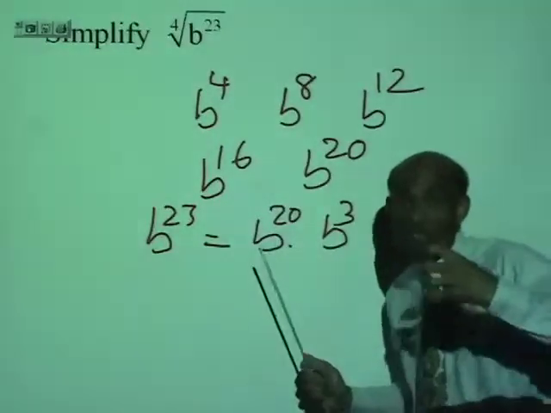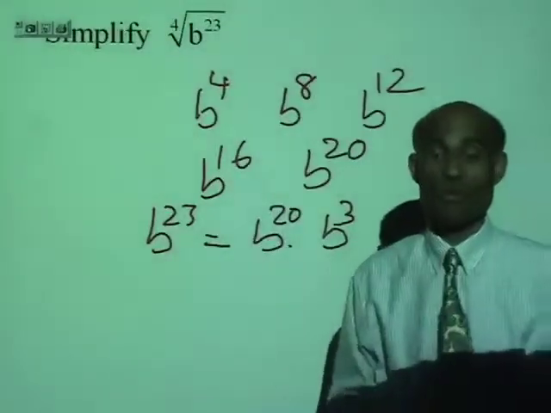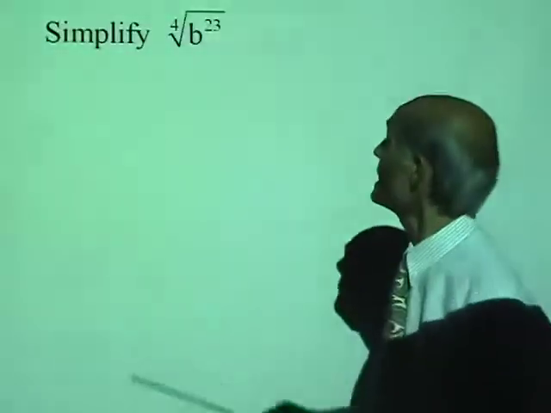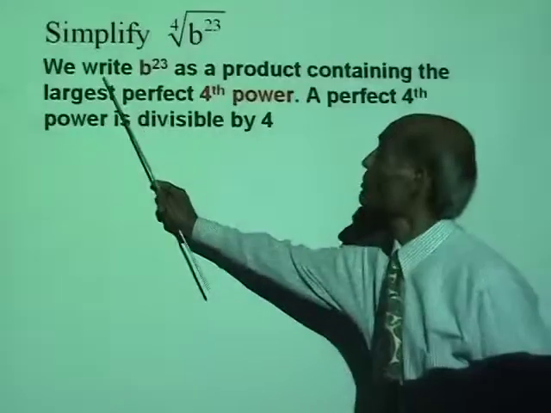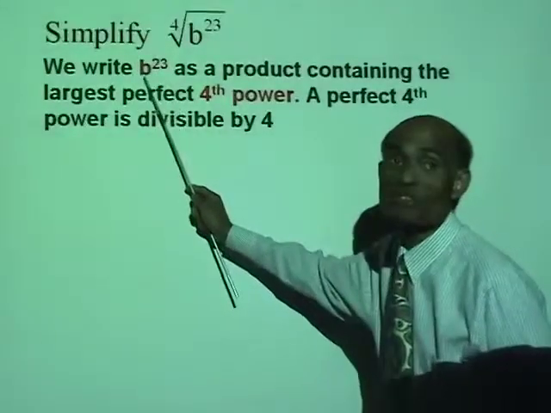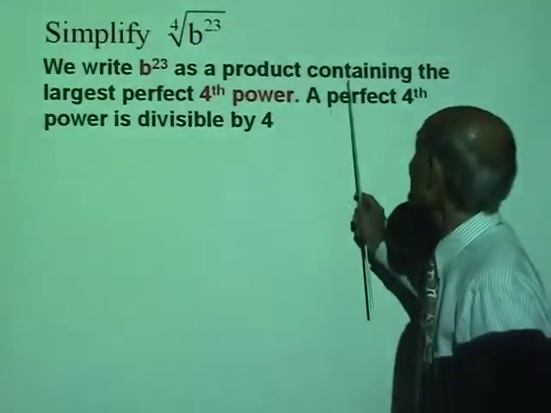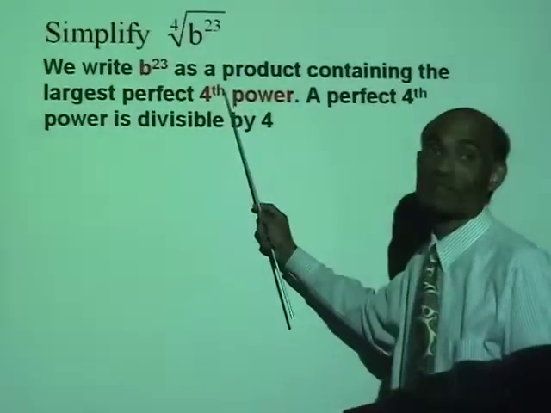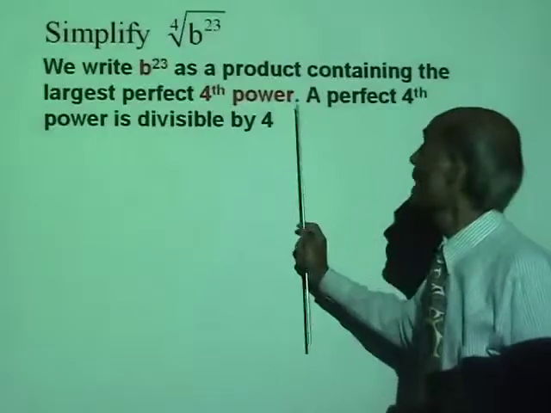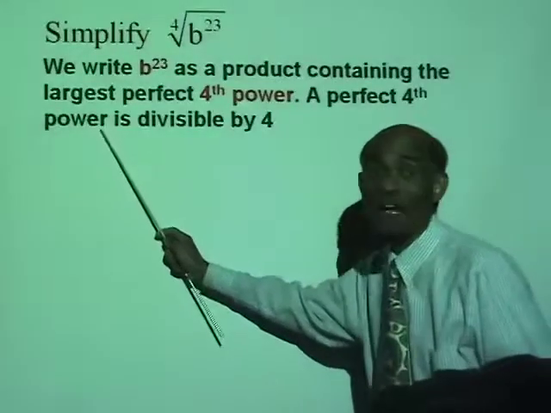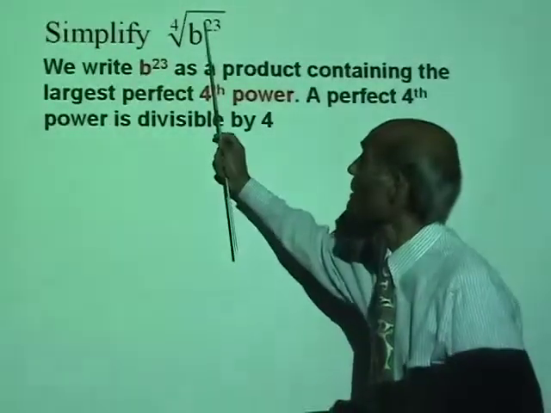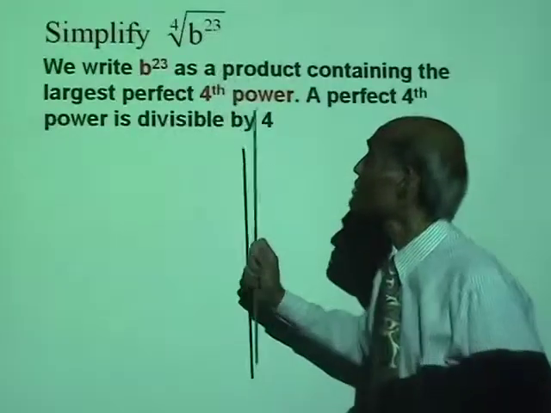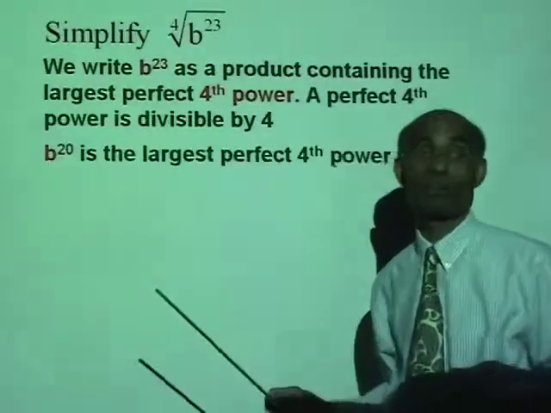You must take the largest perfect fourth power. Alright, let's deal with this now. We write b to the power of 23 as the product containing the largest fourth power. And remember, a fourth power exponent is divisible by 4.